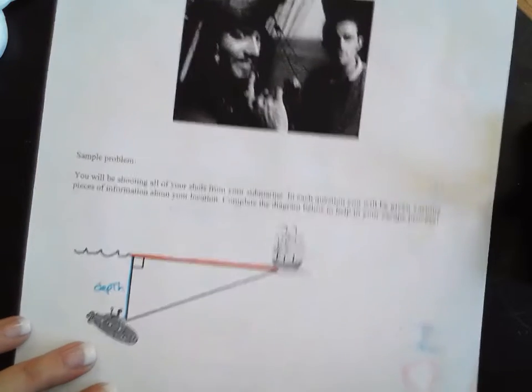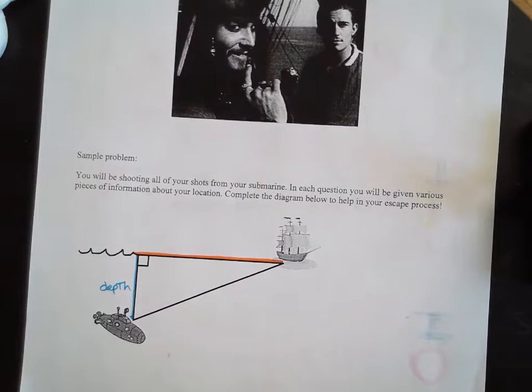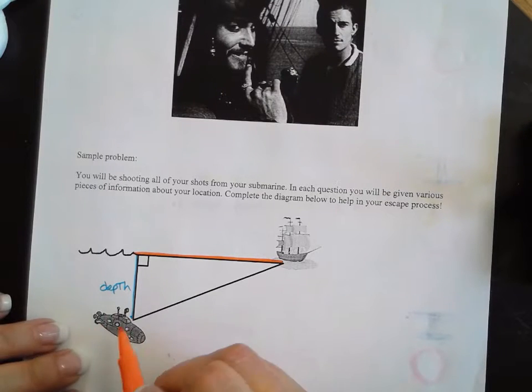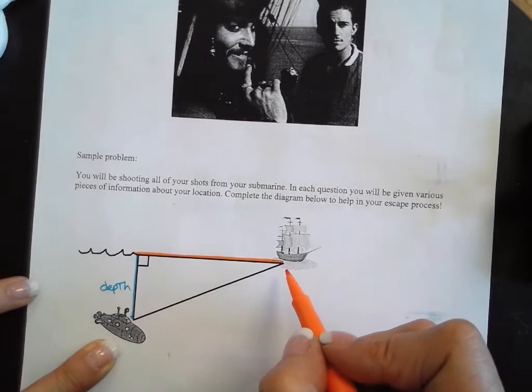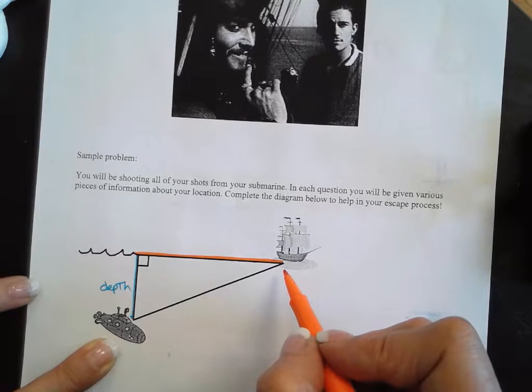Any ideas? If I'm on the submarine and I'm down here, how am I going to know where the ship is? What do I use to look around? Your little scope.